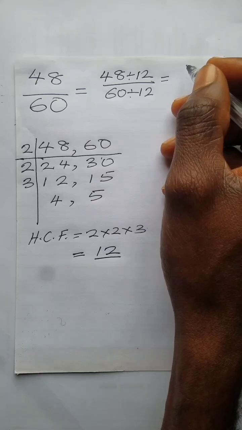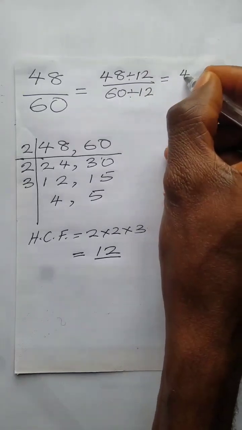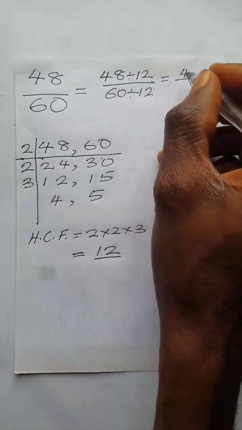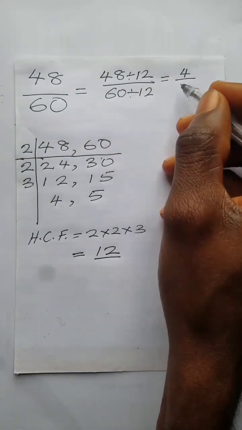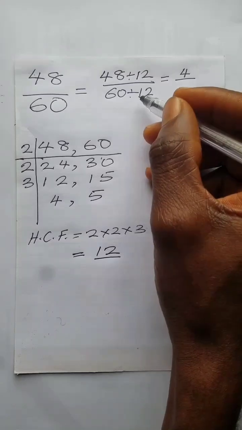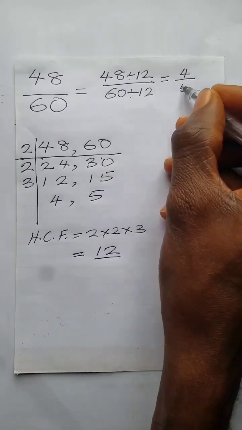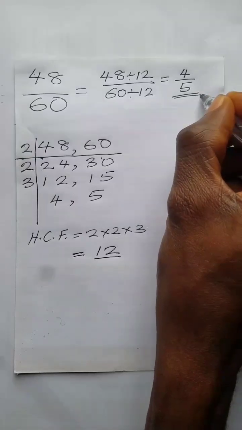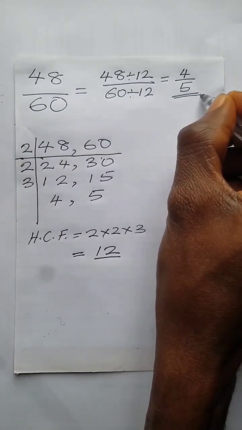That is, 12 times what gives 48? 4. 48 divided by 12 is 4. 60 divided by 12 is what? That is, 12 times what gives 60? 5. So we have our answer, the same answer we got before.